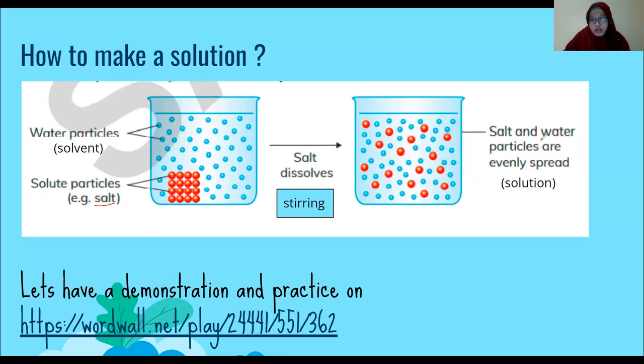So salt and water particles are evenly spread, so we cannot differentiate between these two substances when they have been dissolved. Yes, you can demonstrate this. You can try to mix the salt and water and then stir it, and you will see how they dissolve. And you can access the word wall as the exercise as well.